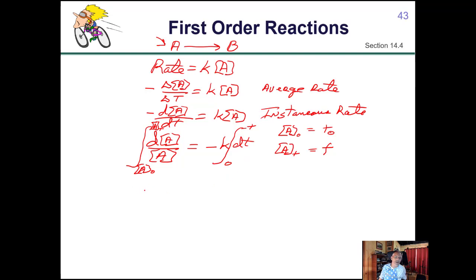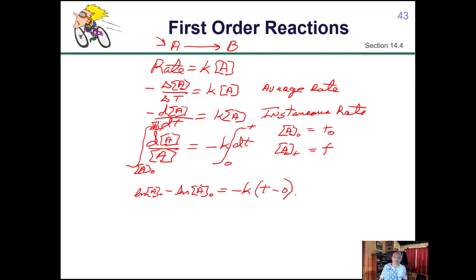When we integrate this, we come out with the natural log of A at time t minus the natural log of A initial, and that's going to be equal to minus k, and we're simply evaluating the time, so this is going to be some time t minus the time at 0.